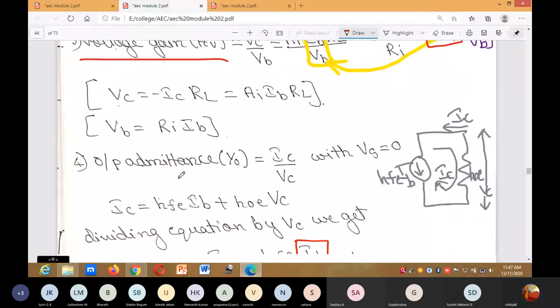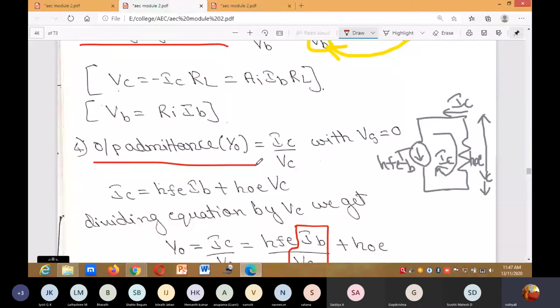Next, output admittance. One thing you need to remember while solving output admittance, Vs is equal to 0. So Y0 is equal to IC divided by VC. You need to take this diagram. HFE into IB and IC here, HOE into VC. IC equation, when you apply loop, what you will get?